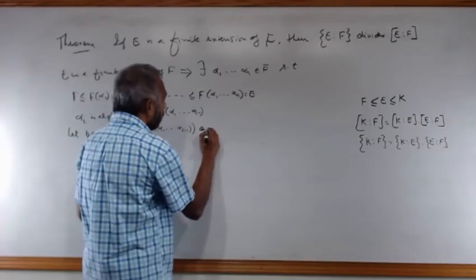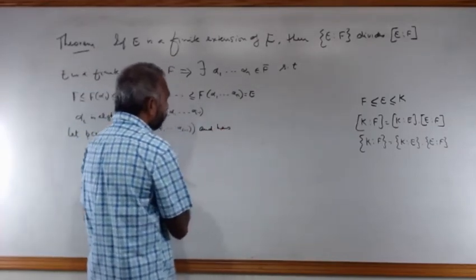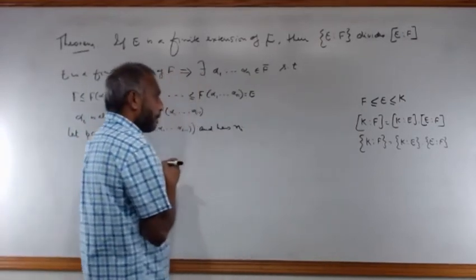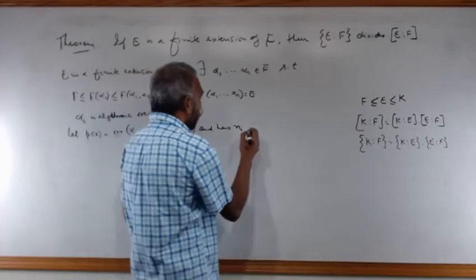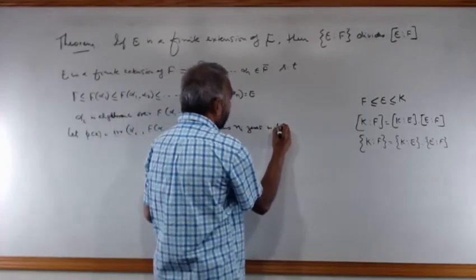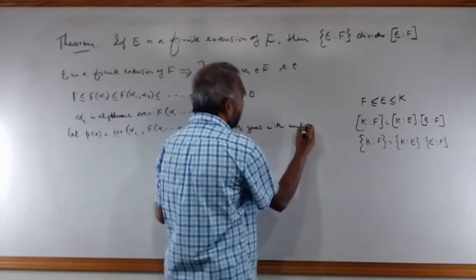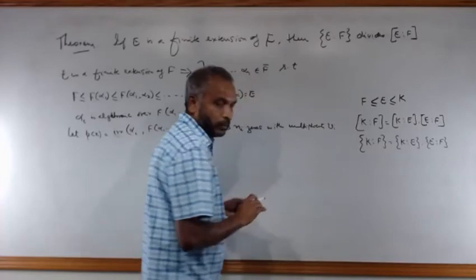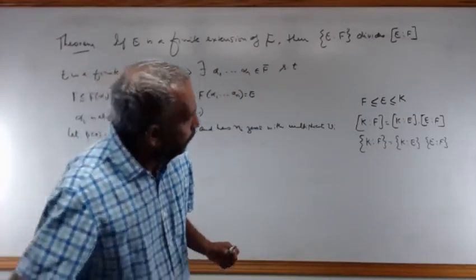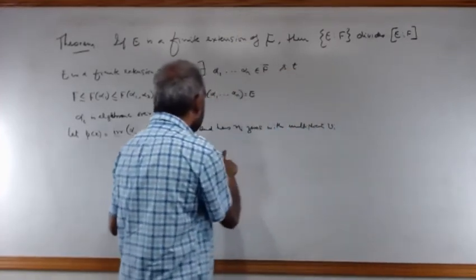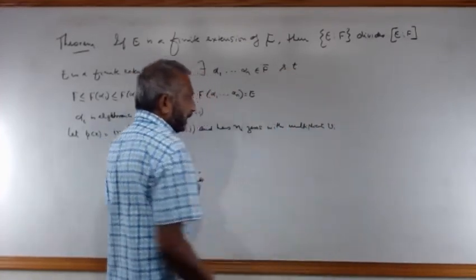And it has n_i zeros with the multiplicity v_i. All n_i zeros have the same multiplicity, and that is v_i.